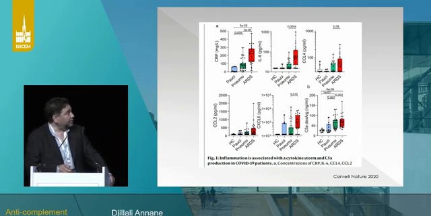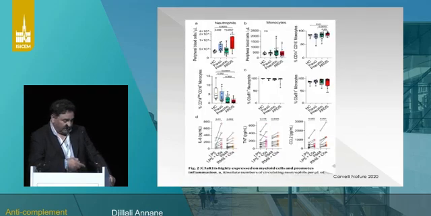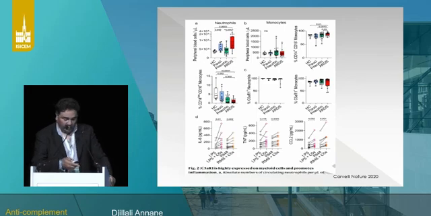One can see that looking at circulating molecules, there is an increase in C5a concentrations in plasma, and that parallels the severity of the disease. There is an overexpression of the C5a receptors on myeloid cells, with the subsequent promotion of inflammation.